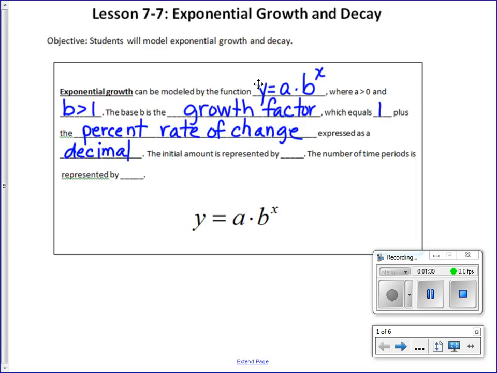The initial amount is represented by the A, and the number of time periods is represented by the x.